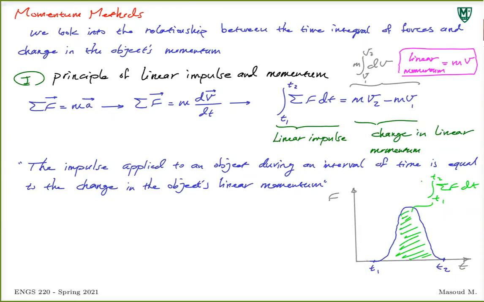A less straightforward example is manufacturing processes, when we are punching or pressing some piece of metal. That's also where you see a large amount of force applied to an object in a short period of time.